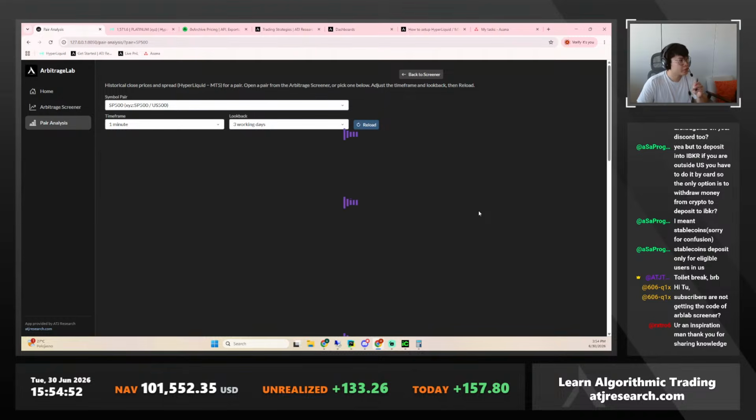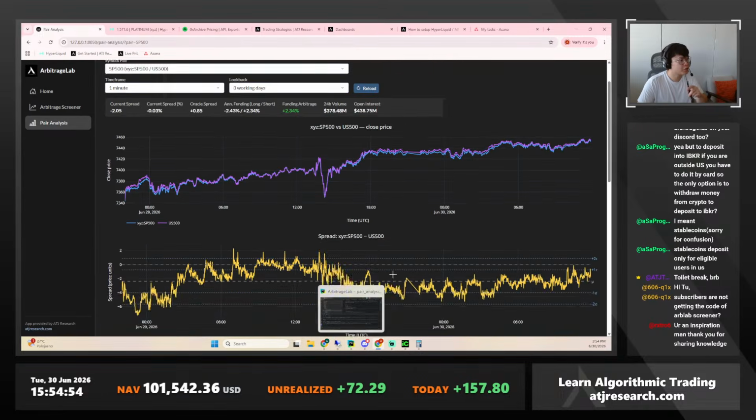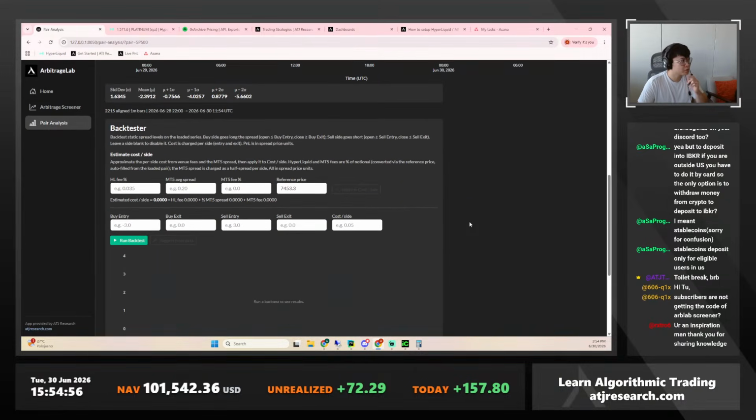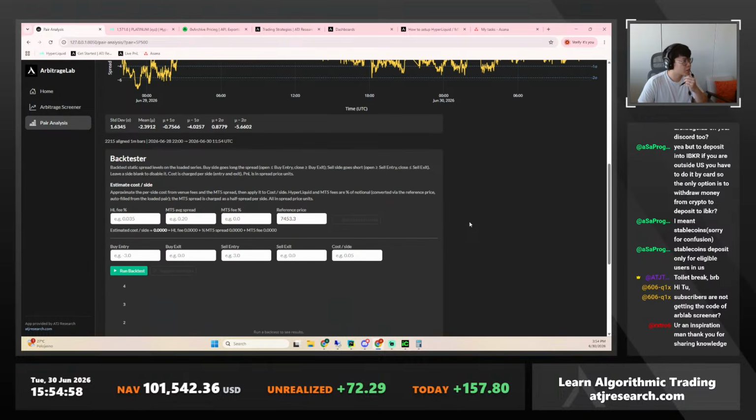So now if I refresh, we should have the calculator. Here on MT5, there is a fee percentage.